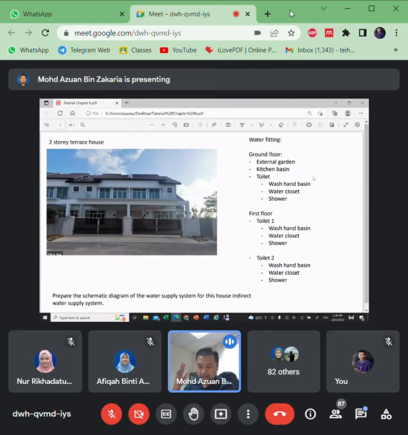Again, we look at the criteria, we look at the source of water, and then before we can use that water, we have to have a treatment first, right? Water treatment plant. And then distribution by gravity or pump or a combination of gravity and pump system. When we look into detail at the distribution for the end customer, such as a residential house, to connect from the main pipe to the house boundary is the communication pipe. 1.2 meter main pipe, 2 meter communication pipe.